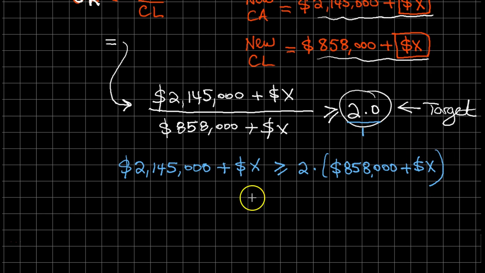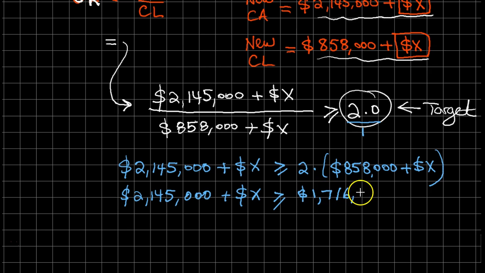Okay, in the second step, the right hand side would adjust, and so let me rewrite the left hand side first. Oops, I'm missing a 0 there. So that should be greater than or equal to, now 2 times 858 would be $1,716,000, and 2 times X. So we just basically distribute the 2 over the 2 things inside.